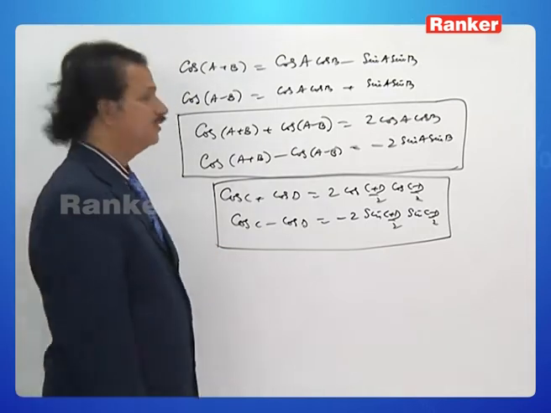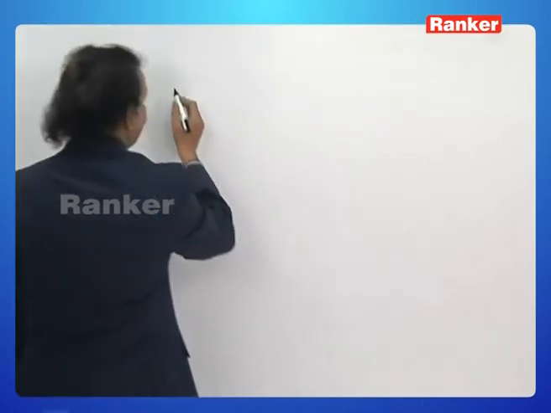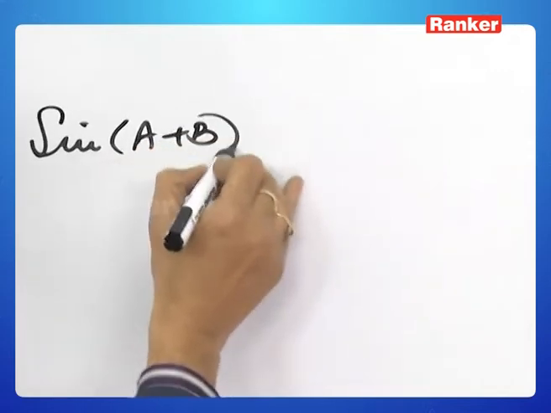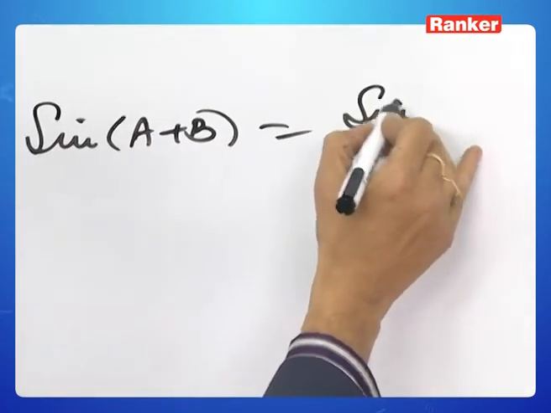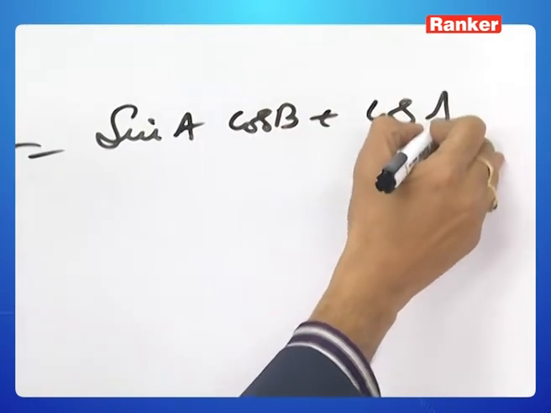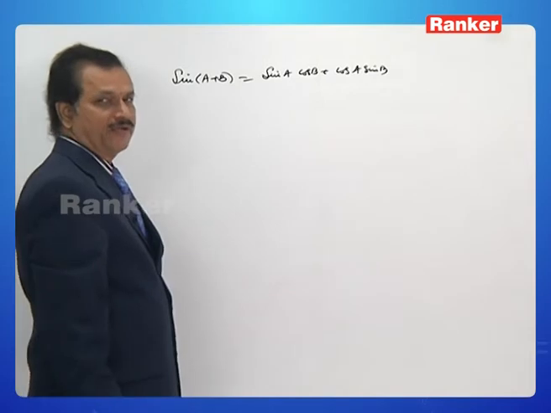We could have got these formulas from the compound angle formulas. We know that sine of A plus B is equal to sin A cos B plus cos A sin B. Put B is equal to A, what happens?